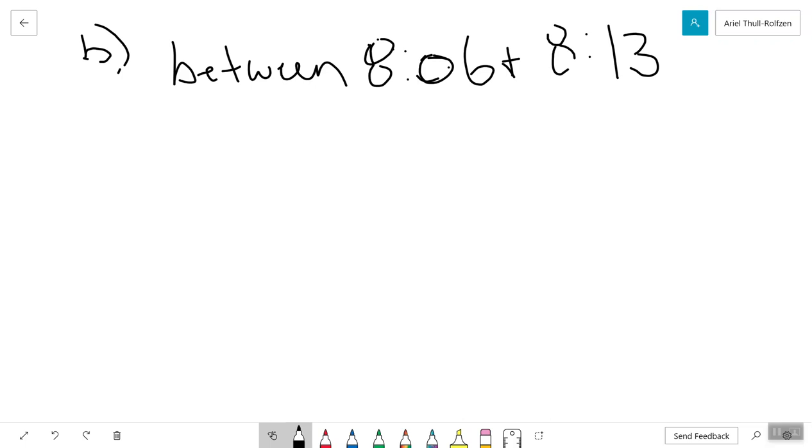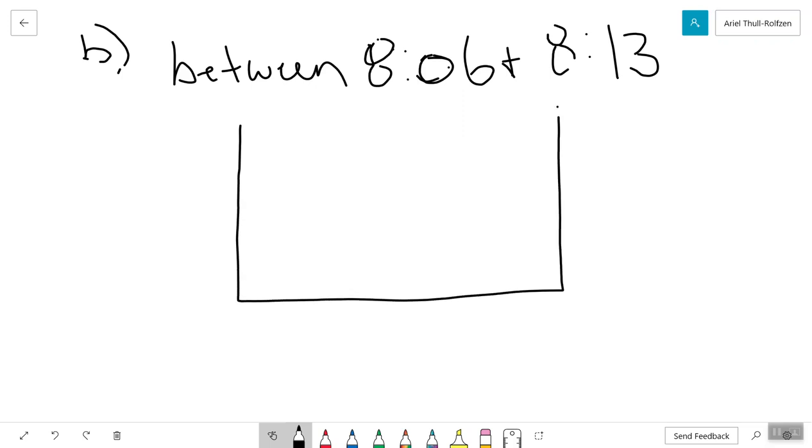What we're going to do for this one too is set up that table, that graph, and draw our rectangle in. Now, there are 3 things that I need to know for this.